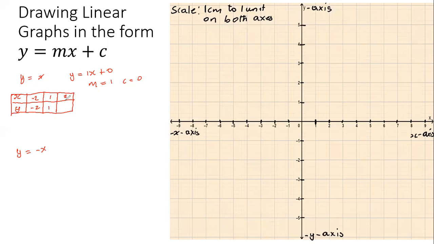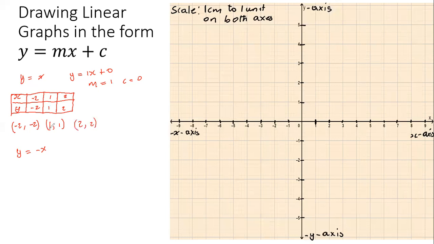And if x is 2, y has to be 2 because y equals x. So 3 points on this line are -2, comma, -2. All right, that's one ordered pair. Another point on the line is going to be 1, comma 1. And another point on the line is going to be 2, comma 2.